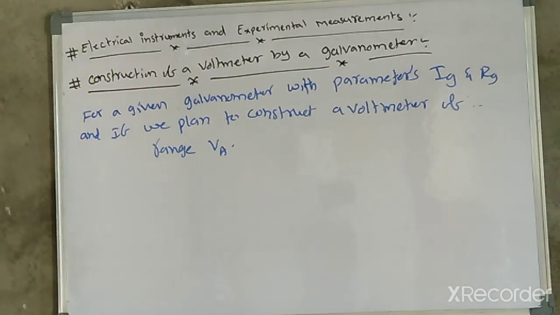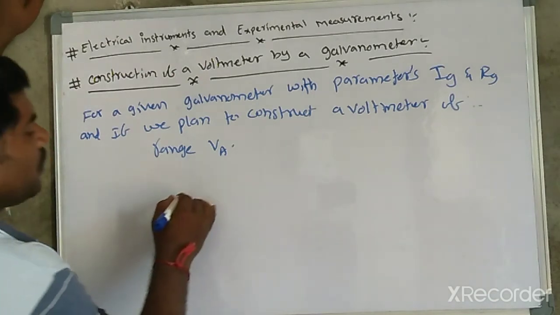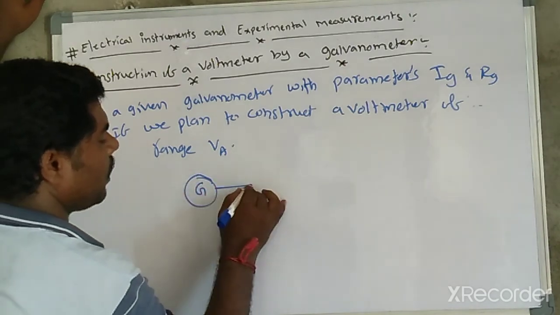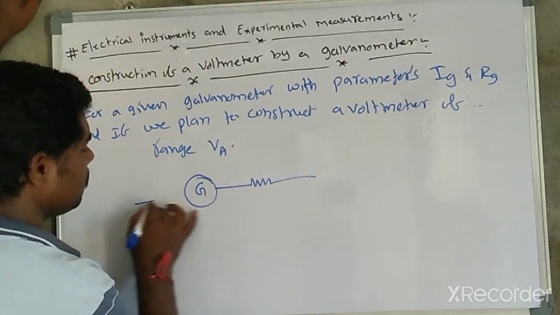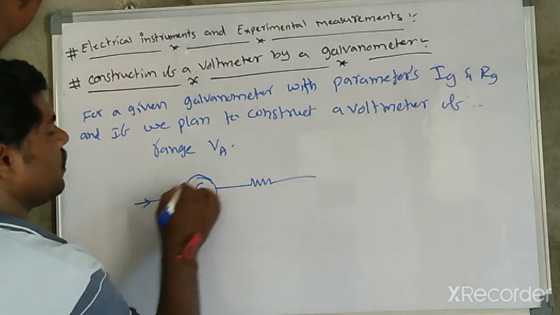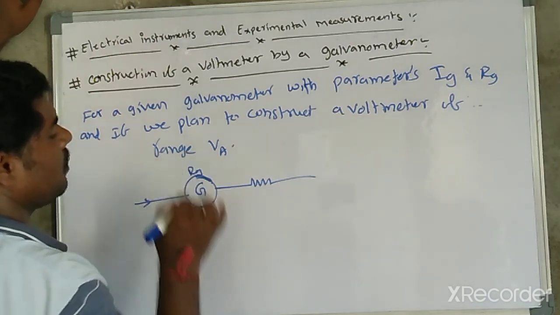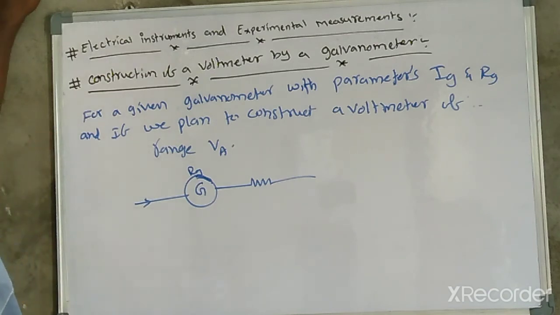Here the galvanometer, this is a high resistance, and here the internal resistance Rg.